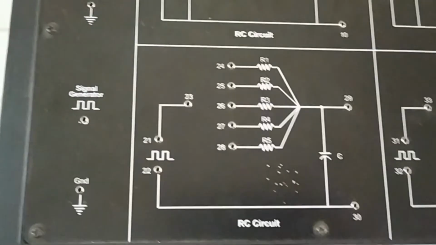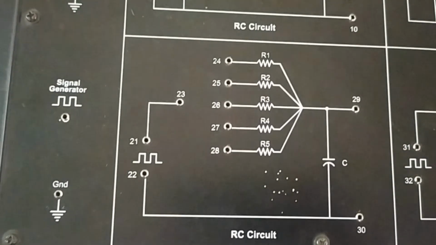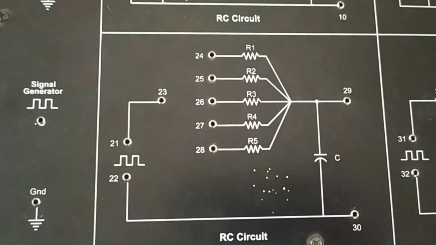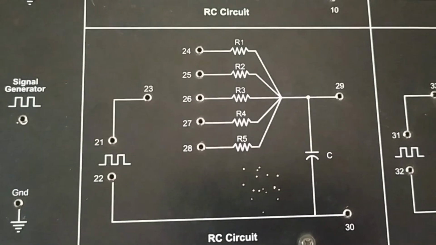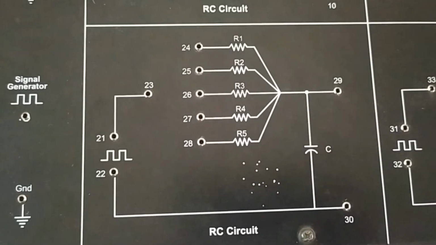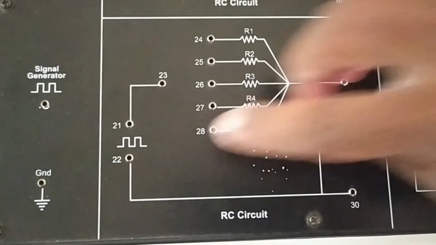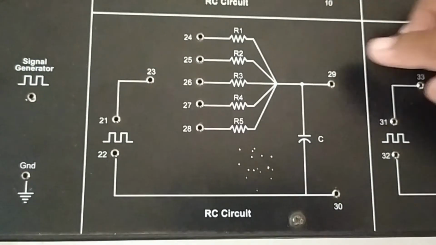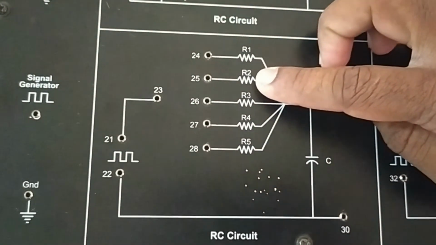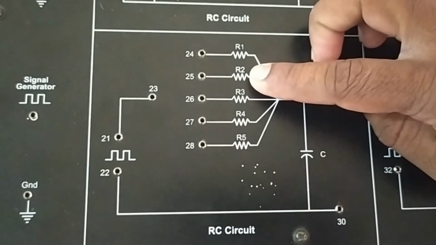Hello everyone, here we are to perform an experiment called transient analysis on an RC circuit. This is the trainer kit, in which we are applying a 5 volts DC supply from the input terminals. We are considering different resistance values to observe the variations in the waveforms.